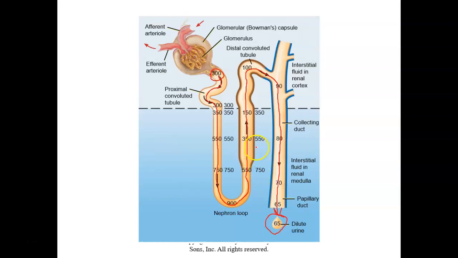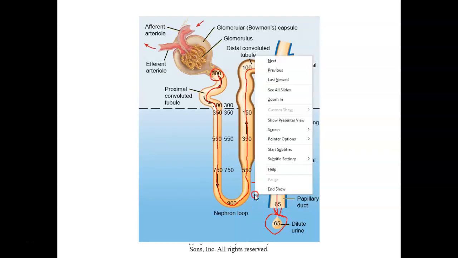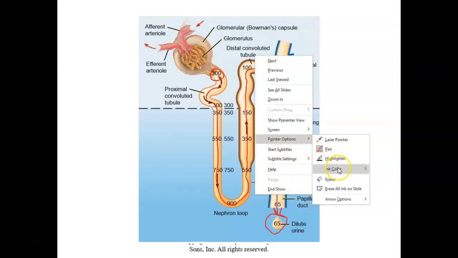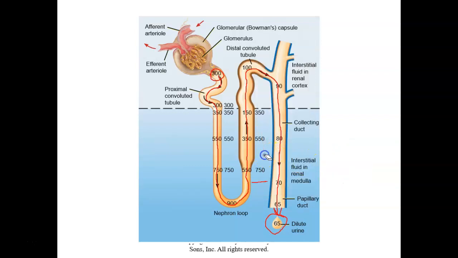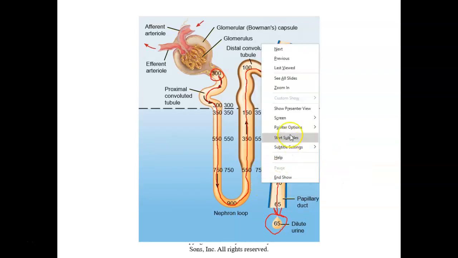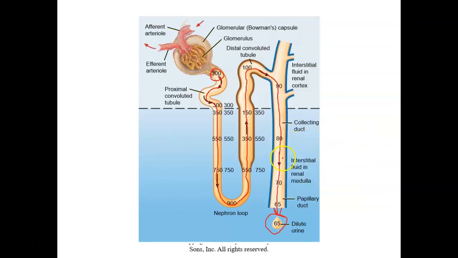With the ascending limb, or basically from here upwards, the ascending limb is impermeable to water. Well, why does that matter? Why does that make a difference?